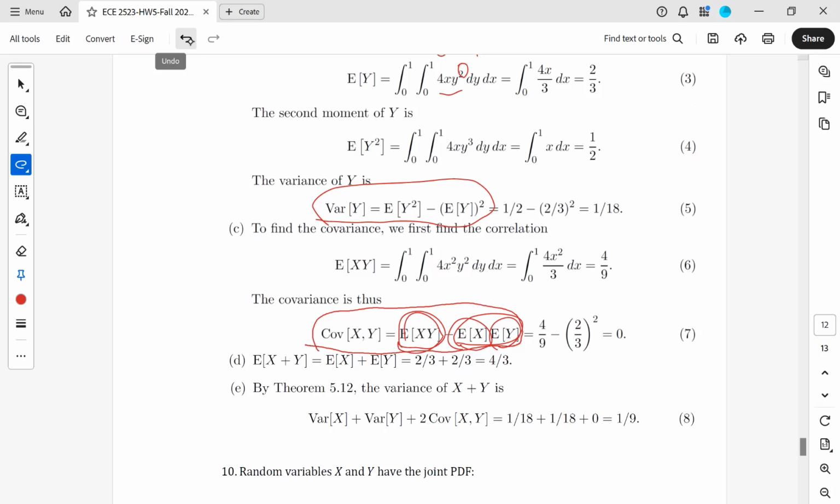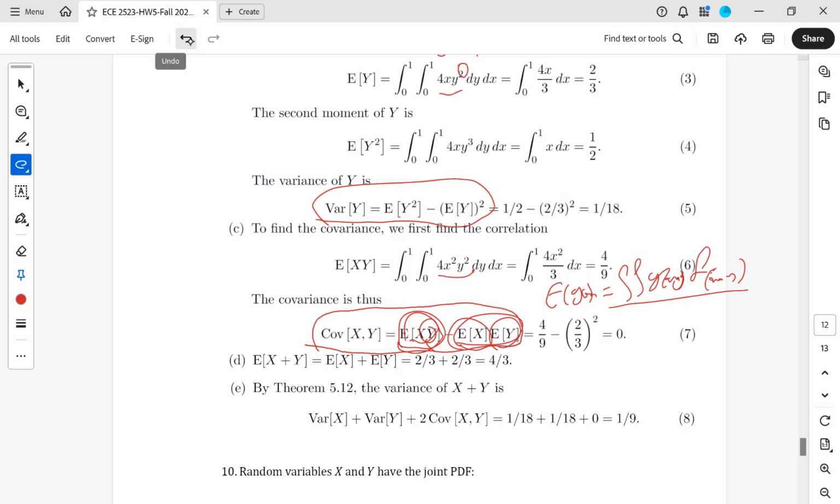You would deal with that xy as a function. We already know the expected value of a function g of x and y is the double integral of g of x and y times f of x and y. Remember? So this xy multiplication is actually a function. You put that in here.